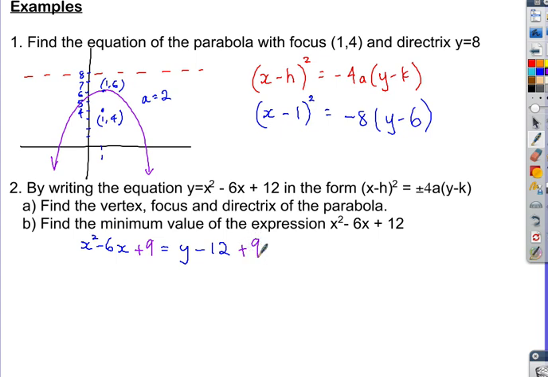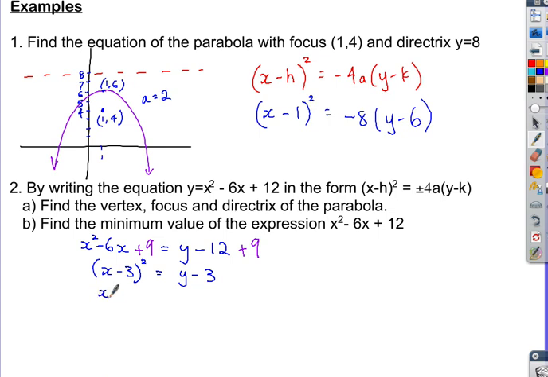Okay? Now the left-hand side of our equation is a perfect square, which is the same as x minus 3 all squared. And the right-hand side is, collecting like terms, y minus 3. So it's almost in this form here. The only thing we have to find is a.